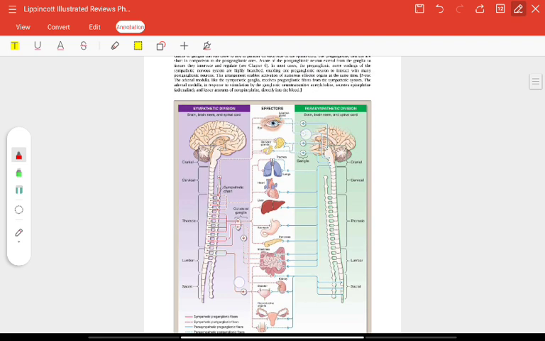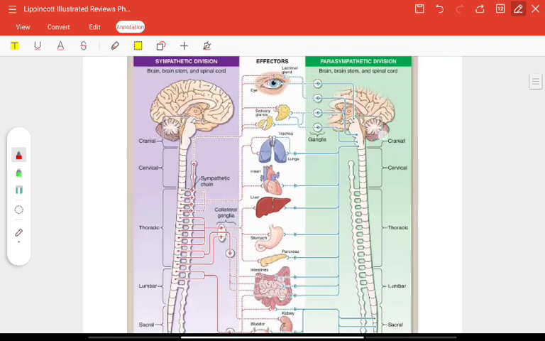Now this is a very, very important diagram. Sympathetic division, parasympathetic division, and these are the effectors. Now these are cranial nerves, then cervical, thoracic, lumbar region, and sacral region.